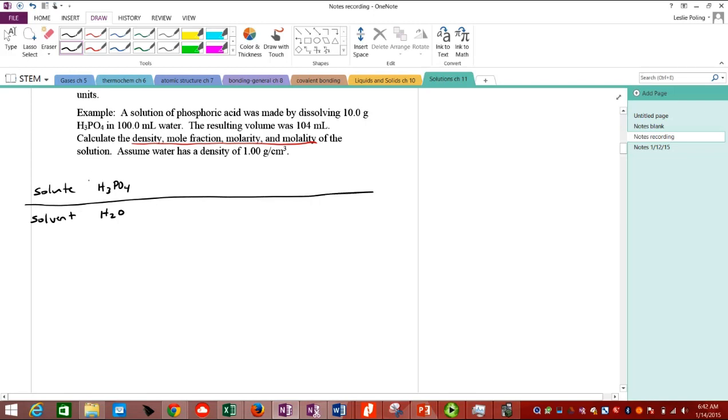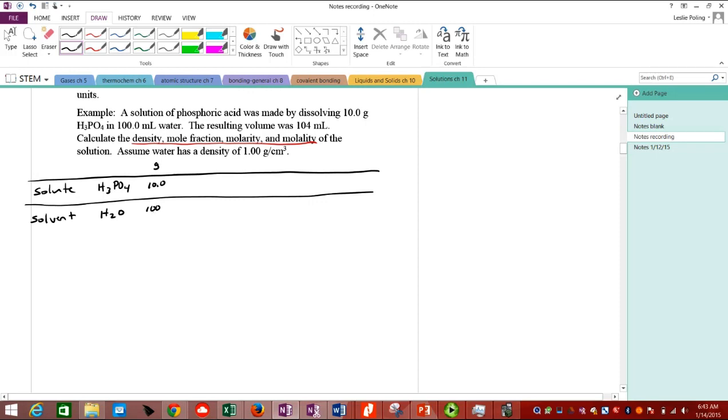We make ourselves a little chart to keep track of everything we know. So we know the grams. We have 10 of this, and we have 100 of water.